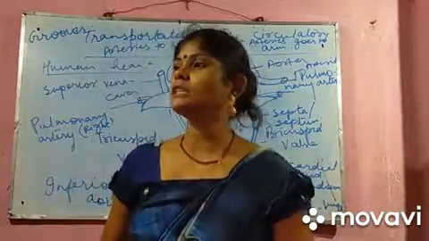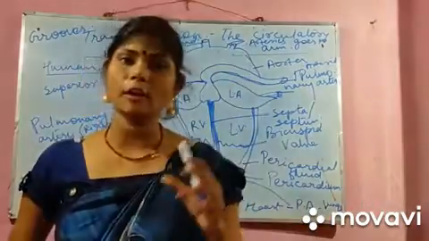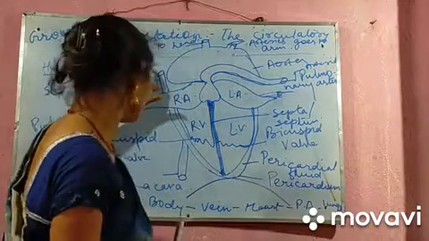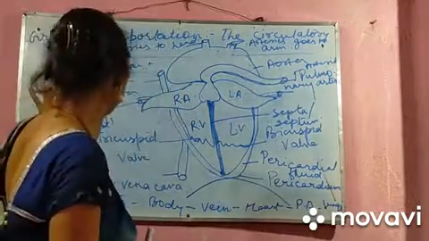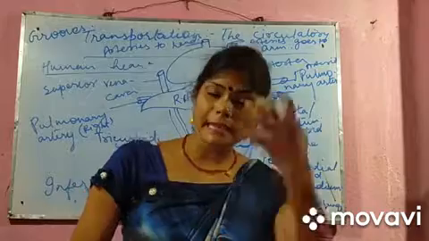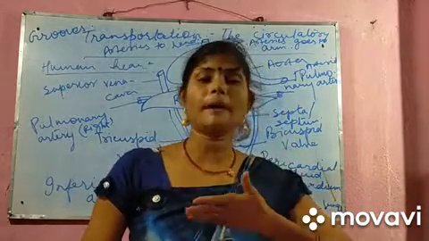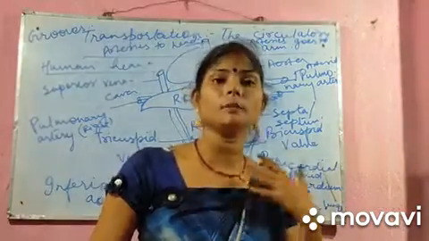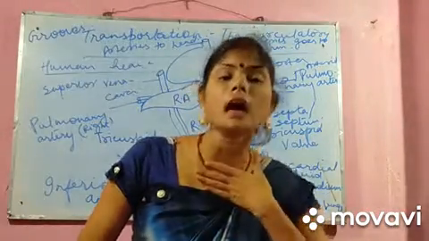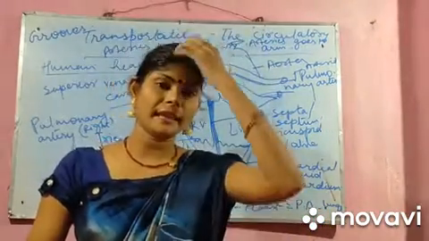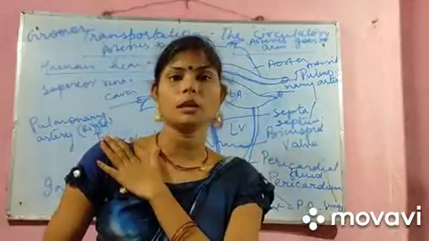Now the vein found at the anterior end of the right atrium is the superior vena cava, which brings blood from the upper part of the body, the part present above the heart. It brings blood from the head, the neck, and the shoulder.